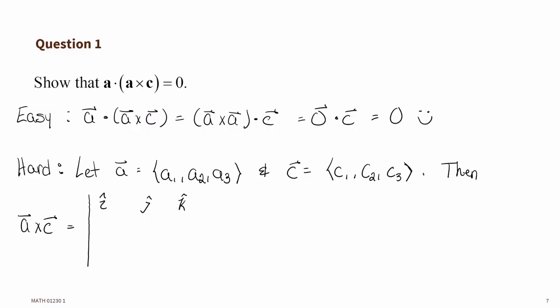Let's give myself more room with that K. Third row is the components of the second vector of the cross product. Then we use cofactor expansion along the first row.